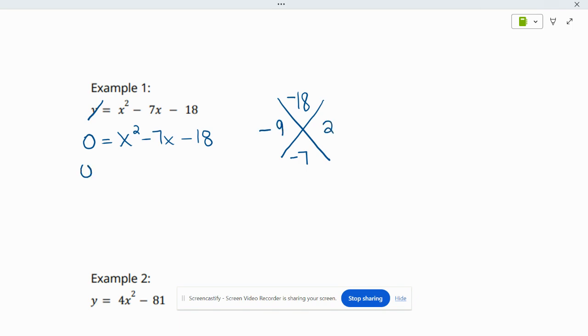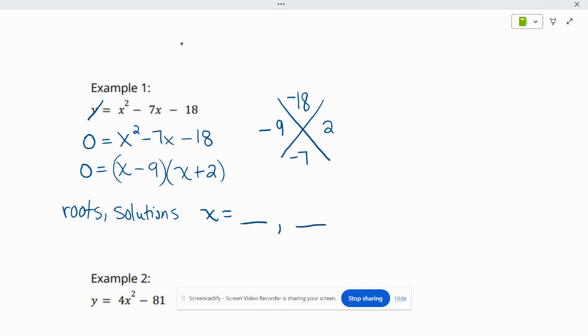So that means my factors are x minus 9 times the quantity x plus 2. So my roots or my solutions are what? What are my two answers? X equals positive 9 and negative 2.